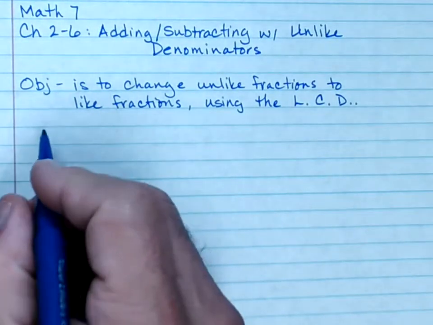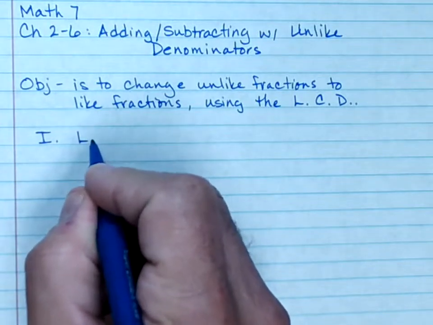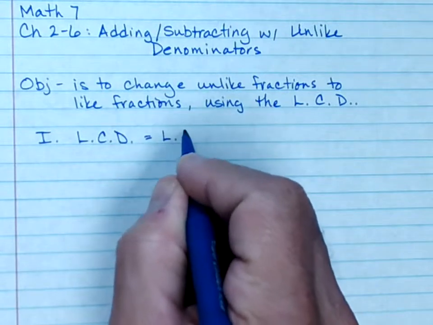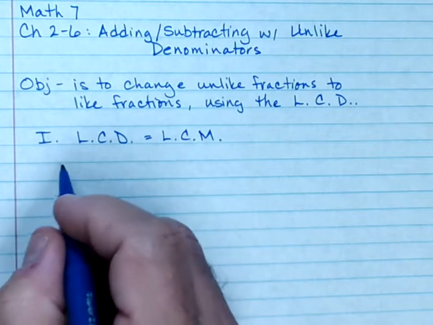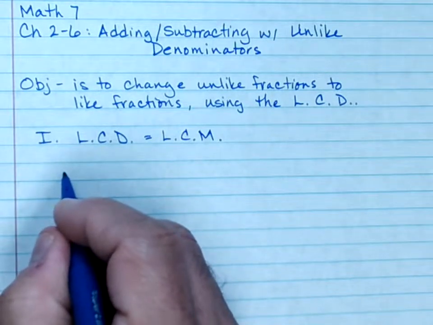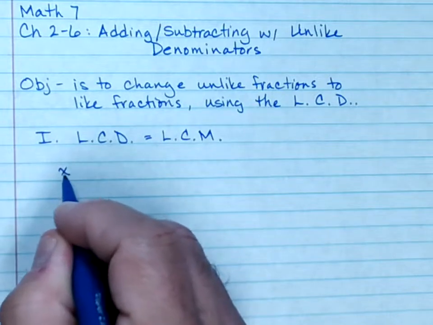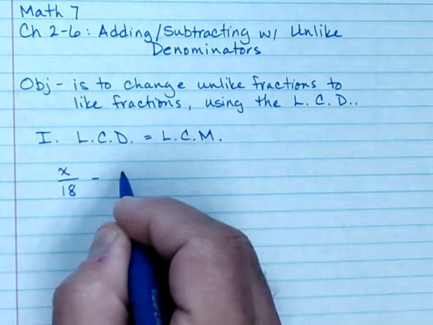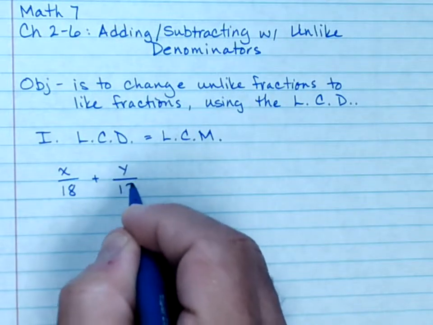So let's just do a quick reminder of what the LCD, least common denominator, which is also known as the least common multiple to some of us. Let's say that we have two fractions. One denominator is 18 and the other is 12.